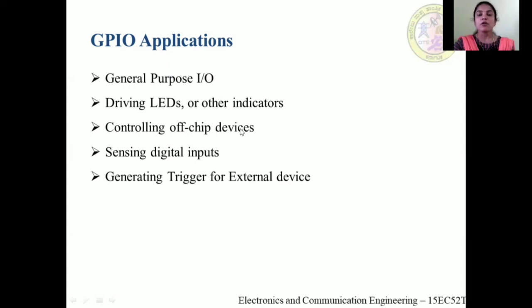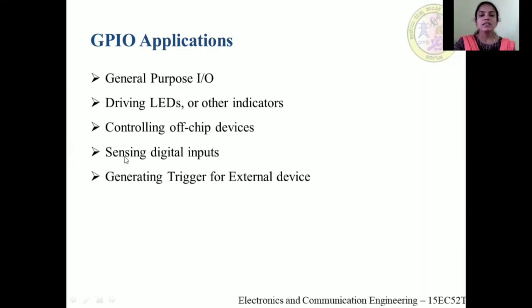Apart from that, for real-time applications, we have to connect some other devices to the LPC2148 IC. Those devices are called off-chip devices or off-chip peripherals. So controlling all the external or off-chip peripherals is also done by using the GPIO pins.